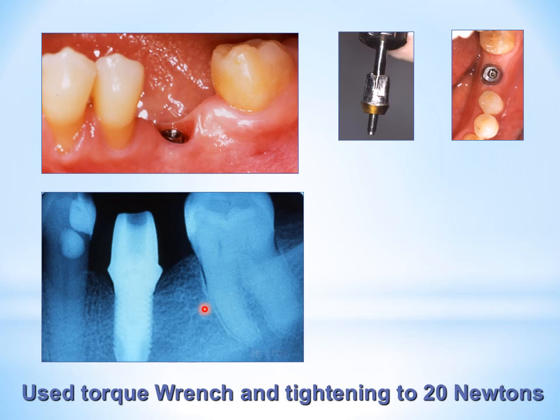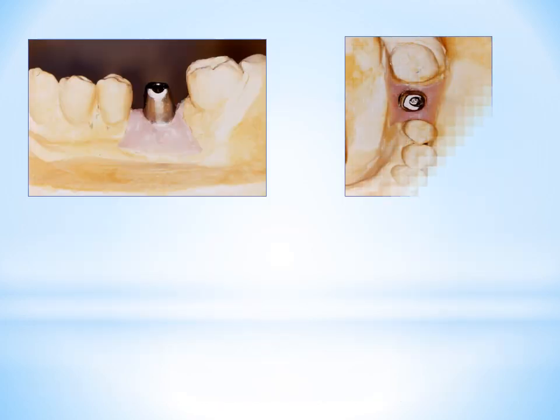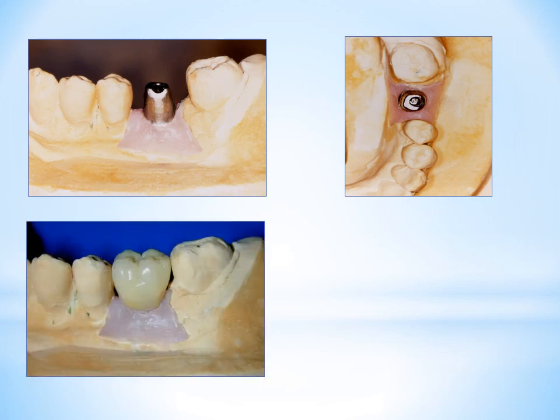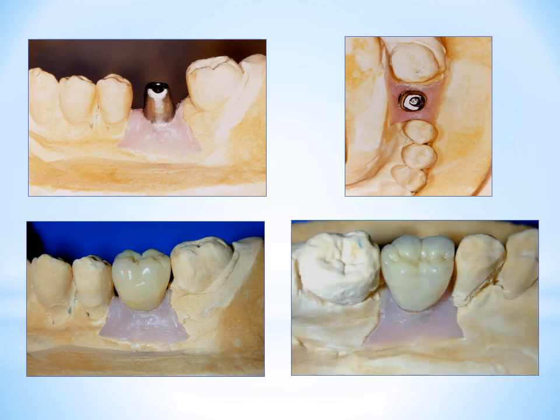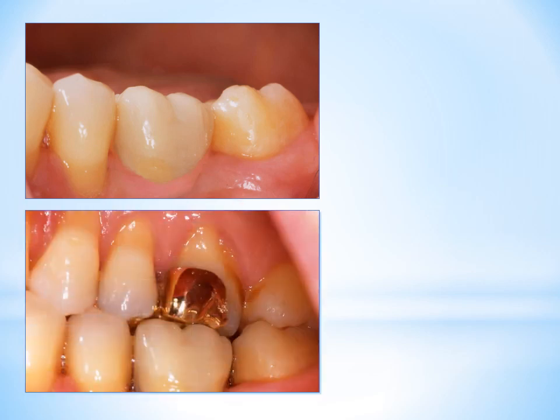Seating of the abutment using a torque ratchet tightened to 20 newtons. This is the ratchet that can be used, or we call it a torque ratchet. And we can see the final crown construction in the patient's mouth.